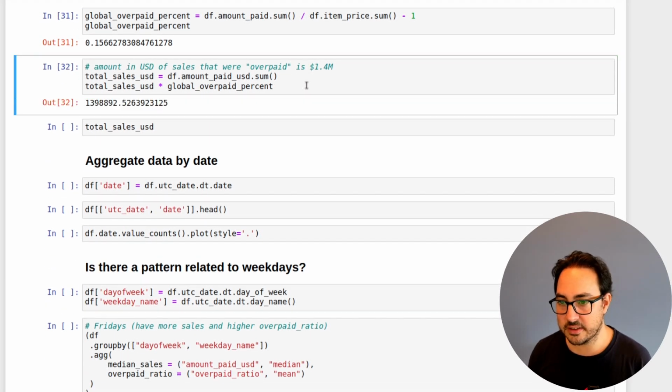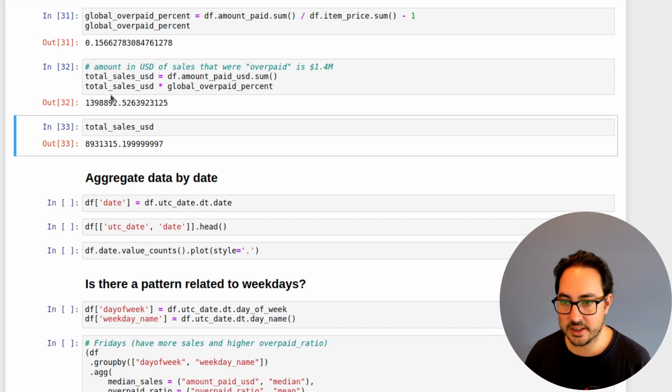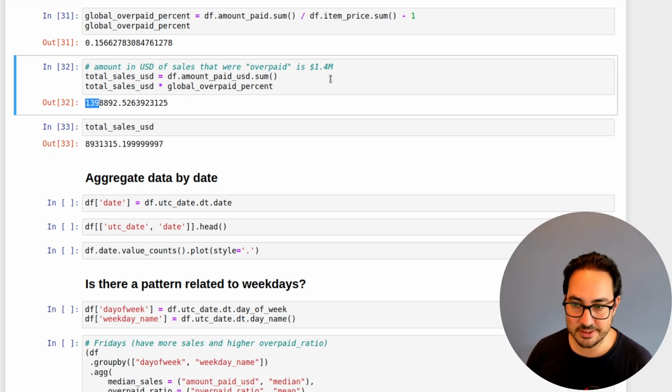And I can convert that to dollars. So almost $1.4 million was overpaid. I think that's interesting. The total sales for this period were 8.9 million dollars, and 15% of that was this kind of overpayment.